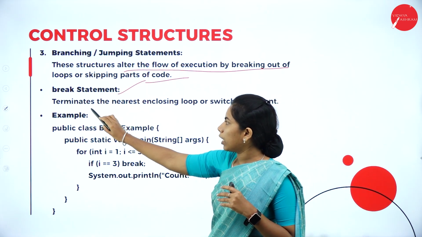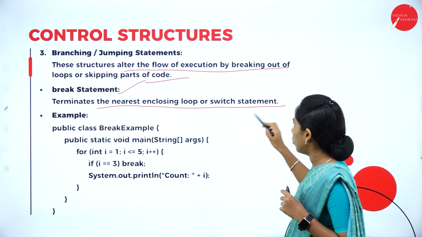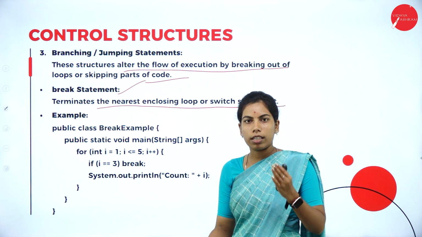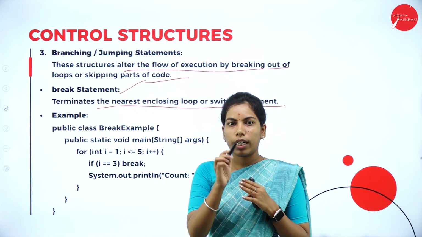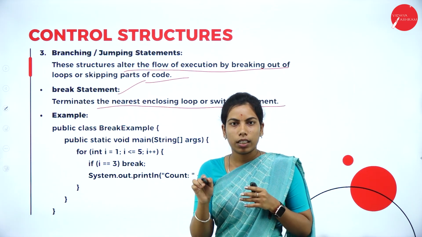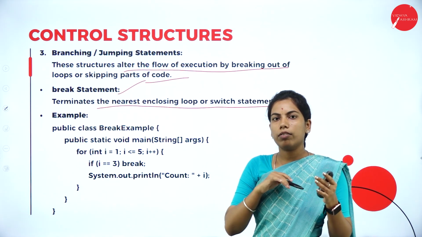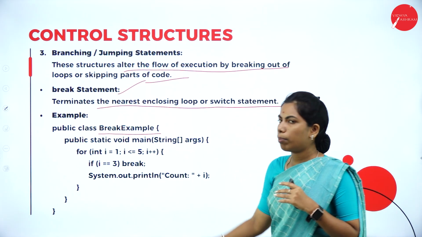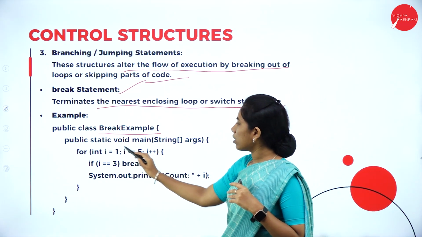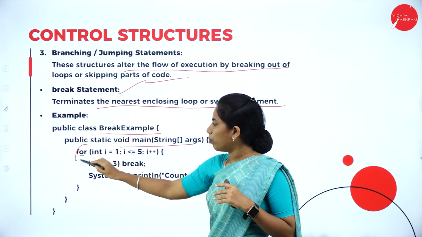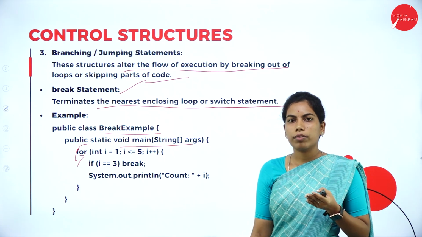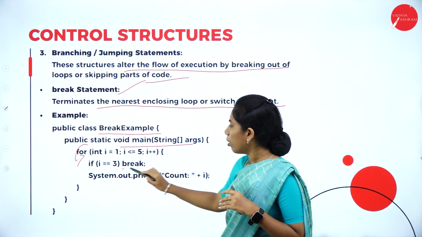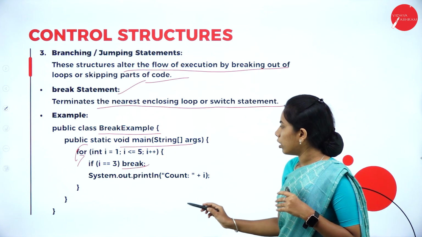The first one, break, will terminate the enclosing loop or switch statement. Mainly you already saw in the switch statement, if that case is over, it will break that case. If the second case is over, it will break the second case. Like that it will be used. So here you can see one break example. Public static void main, call the for loop here, but you have to use a break.